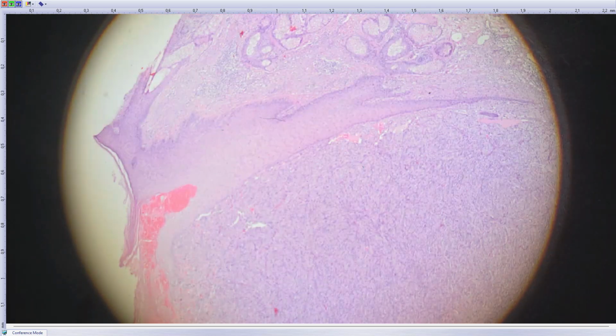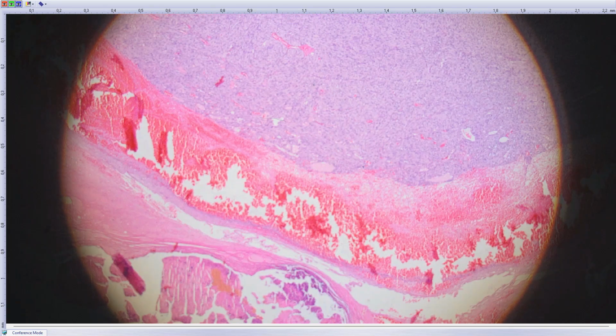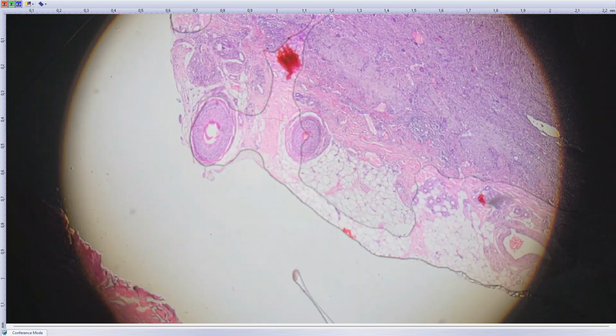So my next case, again, is a skin biopsy. Almost 70-year-old gentleman with a lesion in the capillitium.